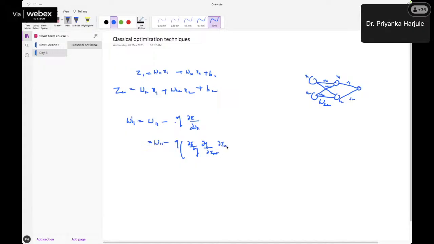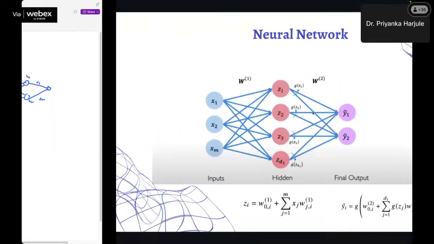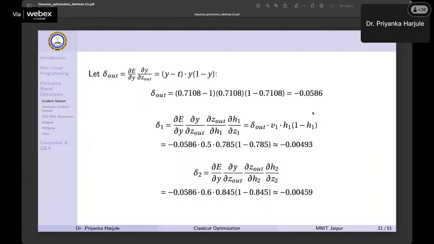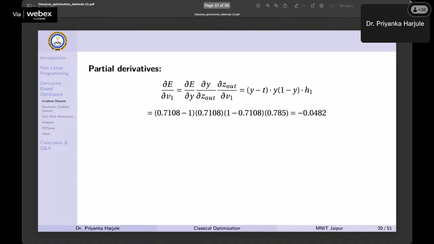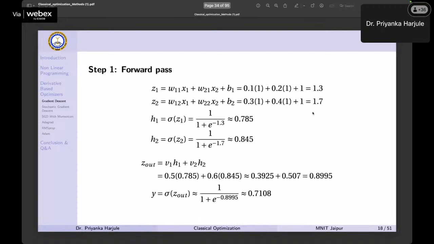Z out is dependent on, let me check back here, H2 and H1, and these are dependent on Z1, and Z1 is dependent on W11.